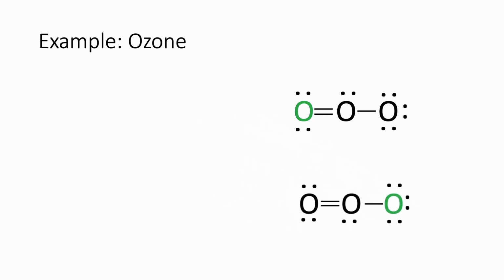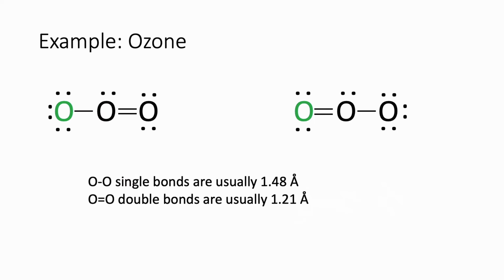And so we need to think about what it means to have 2 double bonds and 1 single bond. If indeed the ozone was going to have 1 double bond and 1 single bond, the double bond would be shorter. Generally speaking, oxygen-oxygen single bonds are 1.48 angstroms. Remember, an angstrom is 10 to the minus 10th meters.